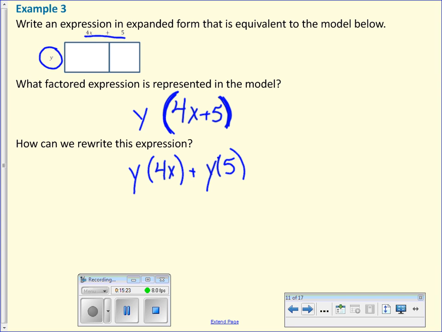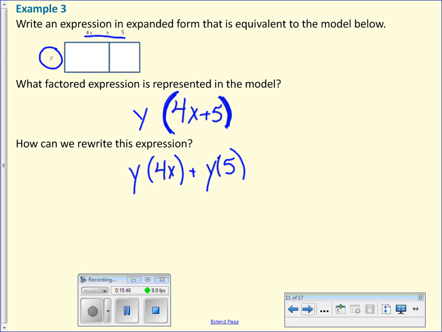Does everybody see what I did? I took that y and multiplied it by both terms. Anybody have a question? Where did the y, the 5, the 4x come from? Why the plus sign? Why the parentheses? But that's kind of a gross way to write it.